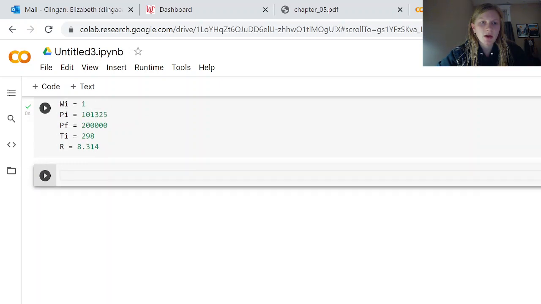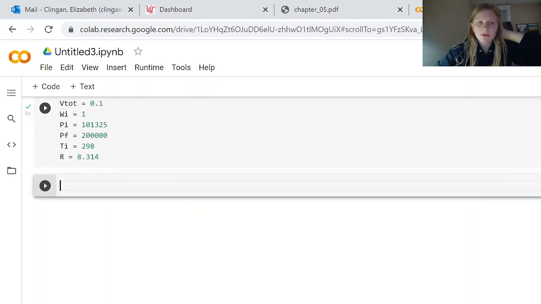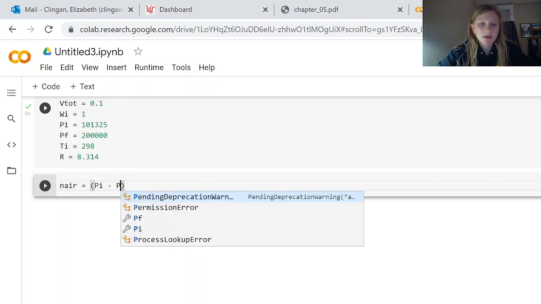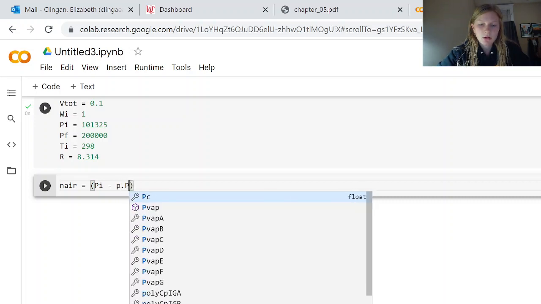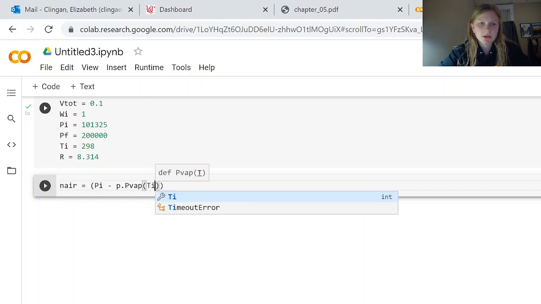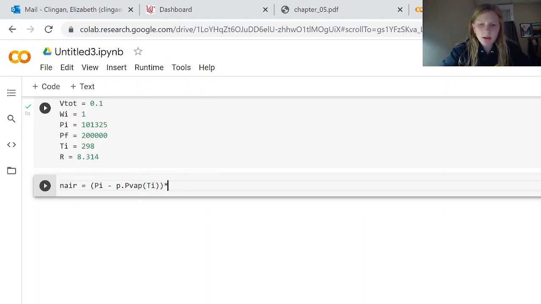Now we're going to put in the equation for the number of moles of air from the ideal gas law. So we'll just call N air equals, and we're going to first do the difference in the partial pressures. So we'll have the initial pressure minus the pressure in the vapor phase at the initial temperature, multiplied by the difference of the volumes.